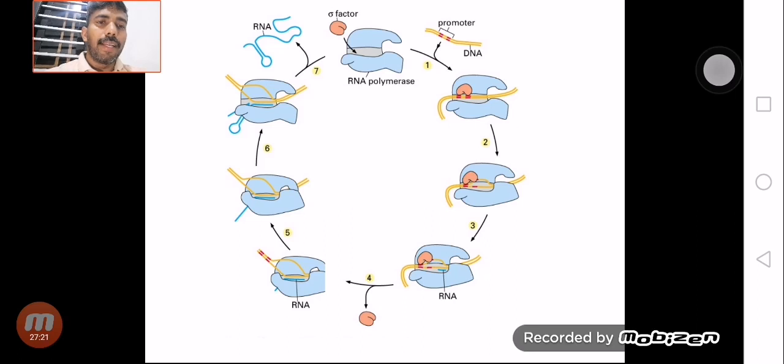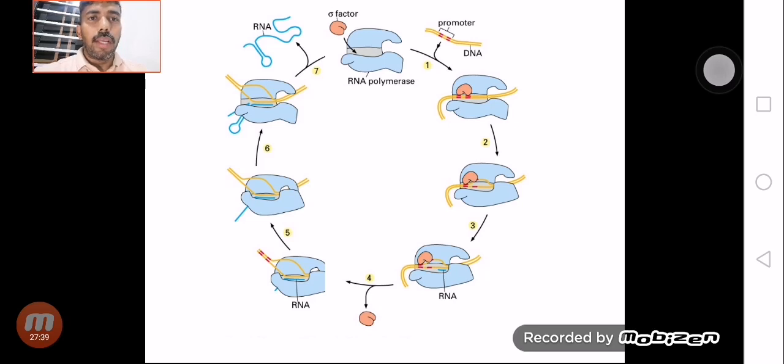The sigma is released, then there is an elongation process going on with the synthesis of the newly synthesized RNA transcript, and in the 6th and 7th steps you can see the termination.